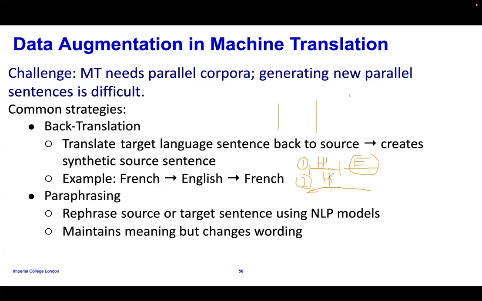Is that possible? Yes, it's possible. So from one sentence, you now have two sentences. So you have done data augmentation. If you have 100 sentences, you have 200 sentences for Hausa. You expand your data. That is data augmentation.